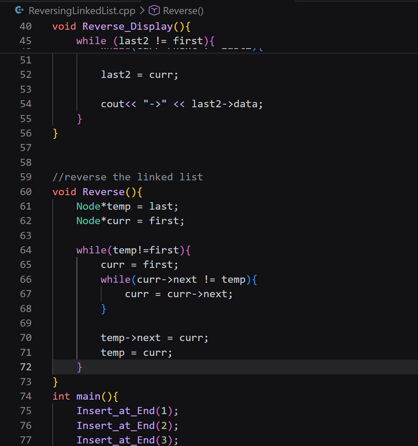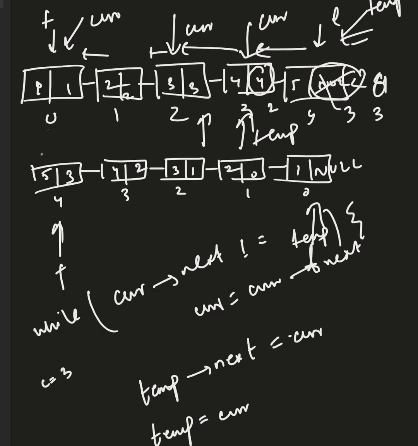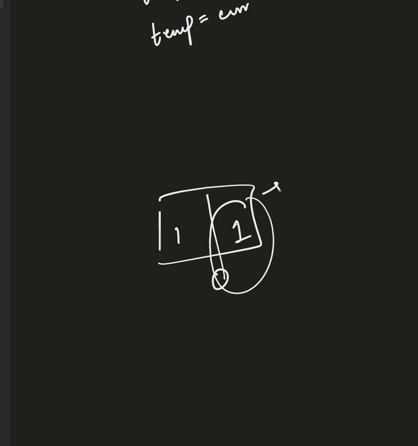Now we need to look at one other thing. Once our temp gets to the first value here, to the first element, we have 1 and it's pointing at 1 and it's at element 0. But now we want this to be null. So here we'll add the condition if temp is equals to null. Sorry, is equals to first.